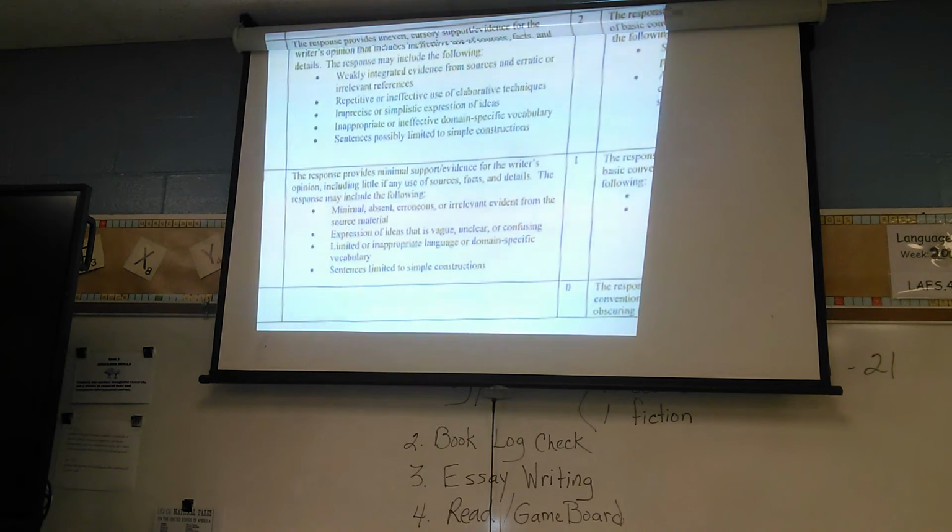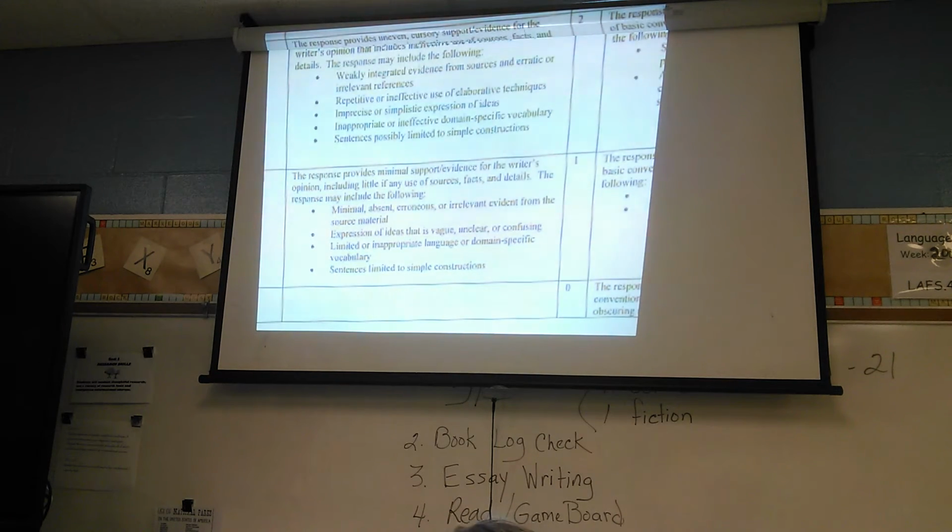Limited or inappropriate language or domain-specific vocabulary. Now, when they say inappropriate language, they're not talking about you using bad words. They're talking about you abbreviating things. Some of you have a habit of doing B/C for the word because. Some of you have a habit of making that little and symbol instead of writing out the word and. This is formal writing.